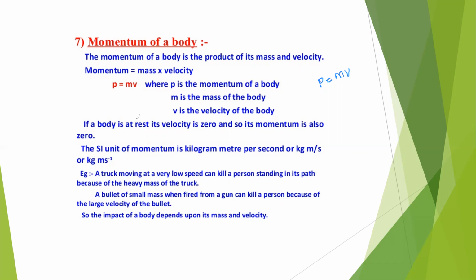It is written here: P is equal to M into V. P is equal to M into V. So the product of mass and velocity is known as the momentum of the body.